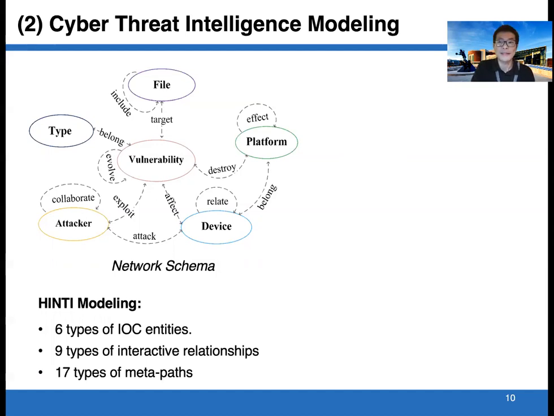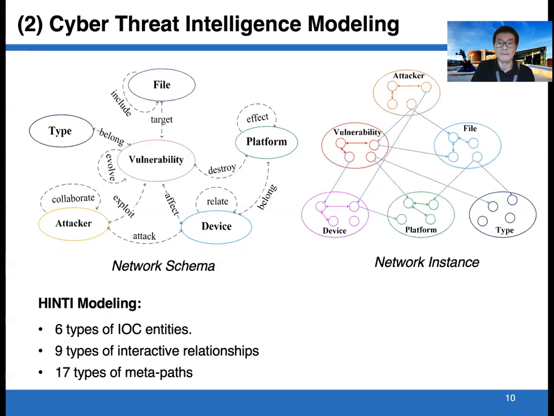Moreover, we consider 9 types of important interactive relationships. Based on them, we introduce 17 types of metapaths to describe semantic relationships among heterogeneous IOCs. In this figure, we show a network instance that is built by following the network schema.